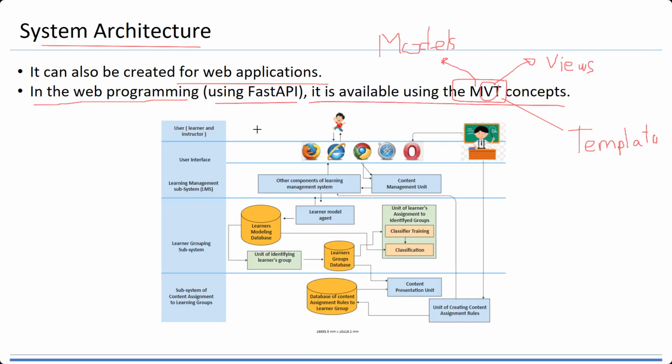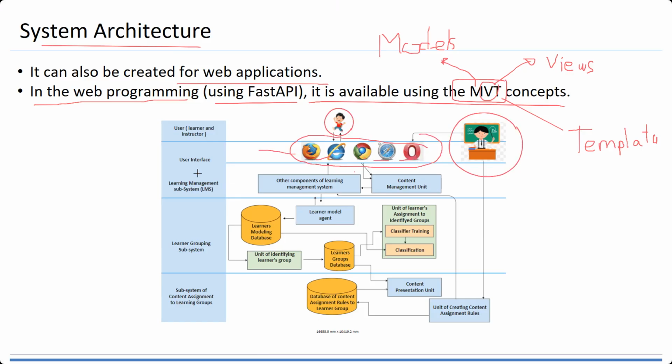So for example, I have the user. Let's say the user is the student, the children. And there might be another user who is the teacher. And they are going to connect to the user interface. Let's say they can use Mozilla, Internet Explorer, Chrome, Safari, Opera, and so on.